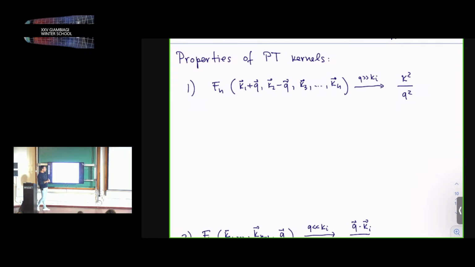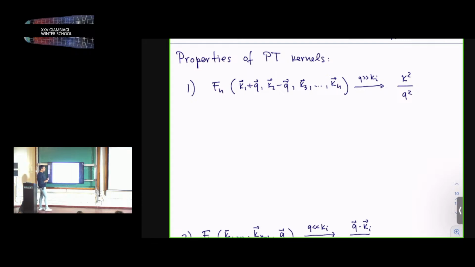So first of all, I want to study, and this will be important later on, how these perturbation theory kernels behave in different limits when some of the momenta are either very small or very large.